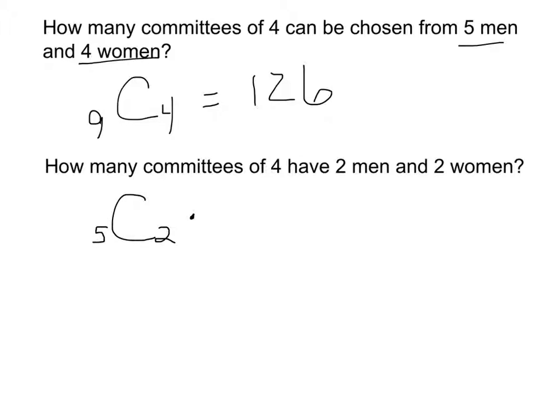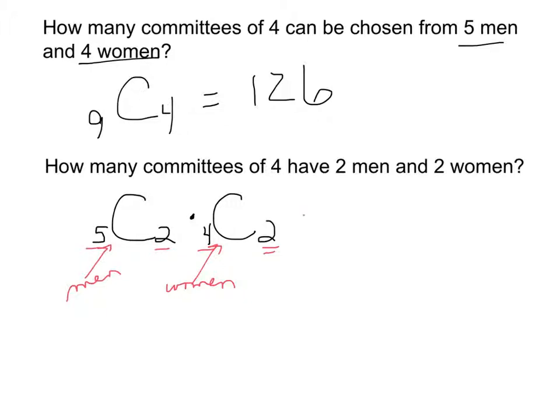And also, so I'm going to multiply, I'm going to choose 2 women out of the 4 women that are in the group. Okay, so that's important for you to understand that this is the choice for men and this is the choice for women. Again, you can only choose 2 women out of the 4 that are part of the group, and the 2 men can be chosen out of the 5 that are part of the group.